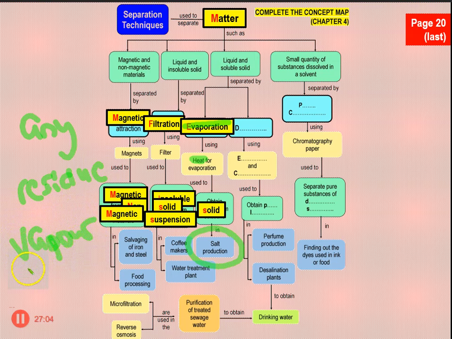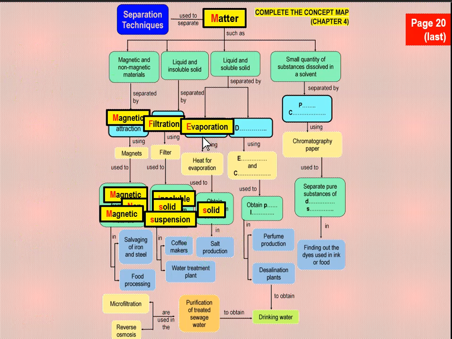And since the solvent has become vapor, your solid will then be left behind. So today we have covered the third separation technique, which is known as evaporation, and we can see how the industrial application of evaporation is seen in salt production.